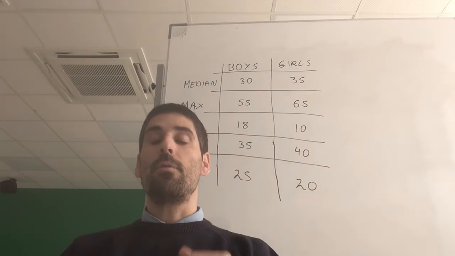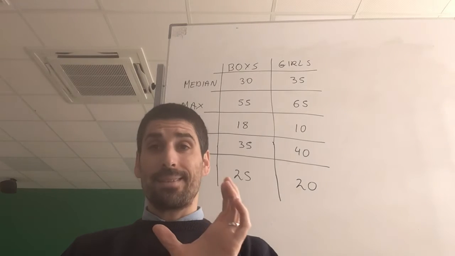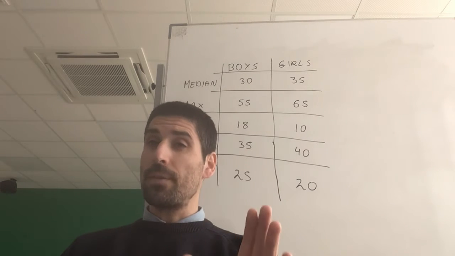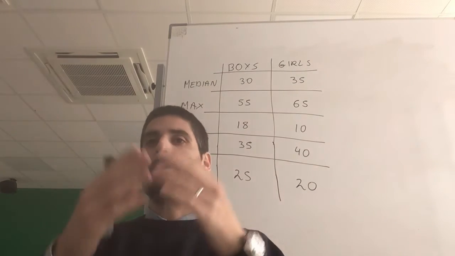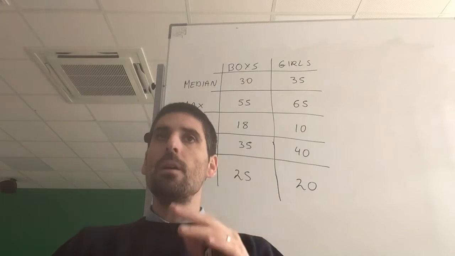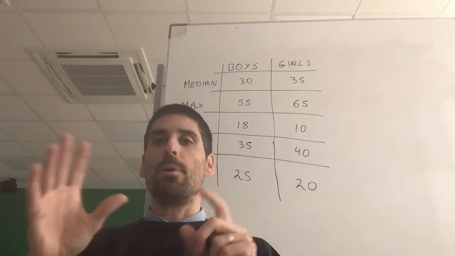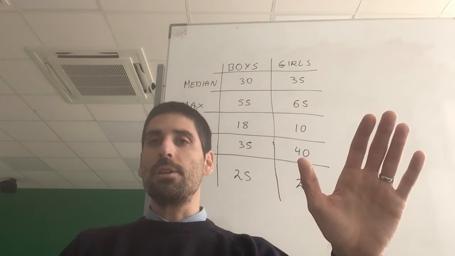And what measures of average do we know? Mean, median, and mode. But typically, more often than not, you're going to be talking about the median, because this is given in the context of cumulative frequency diagrams or box plots or whatever.